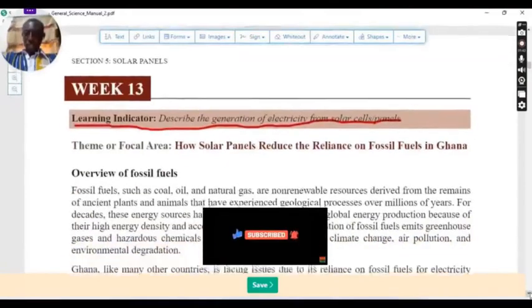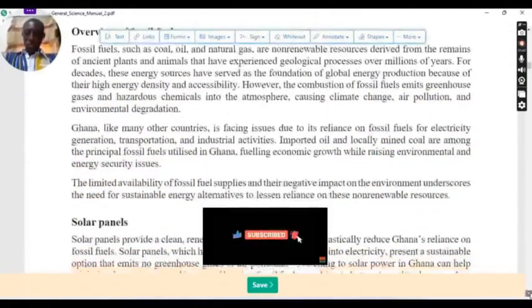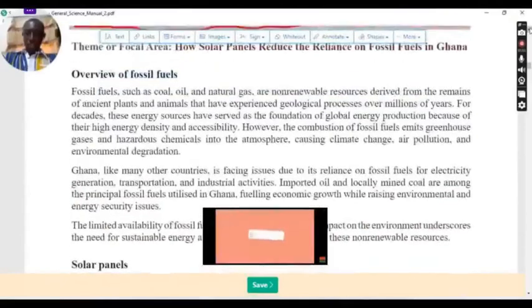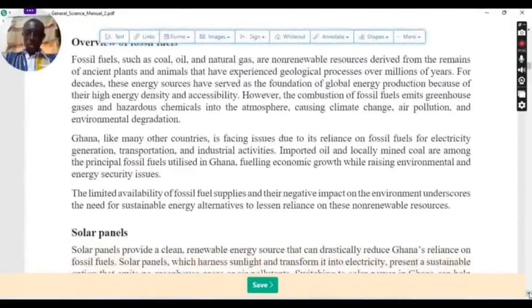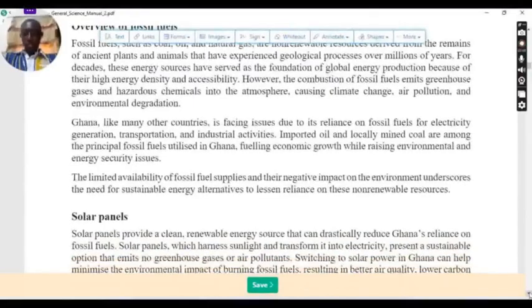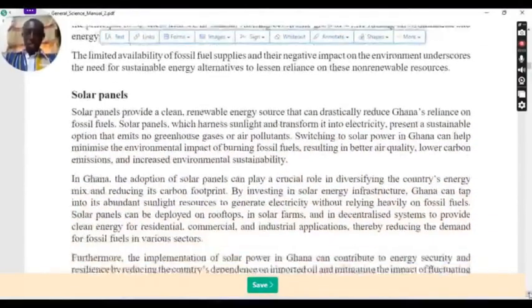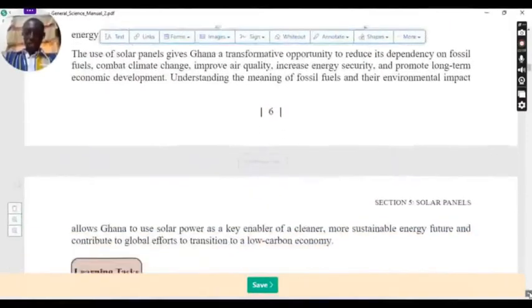So take your time, read week 13, the overview of fossil fuels and solar panels. When I read it, I realized that the content was comparing fossil fuels to solar panels: the advantages of solar panels over fossil fuels, and the disadvantages of fossil fuels. So I read it.